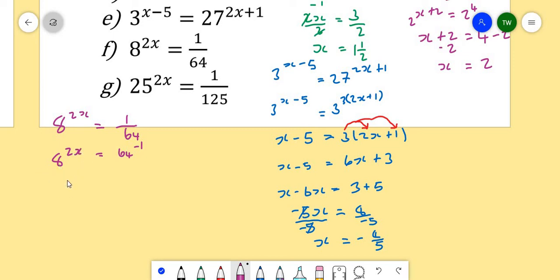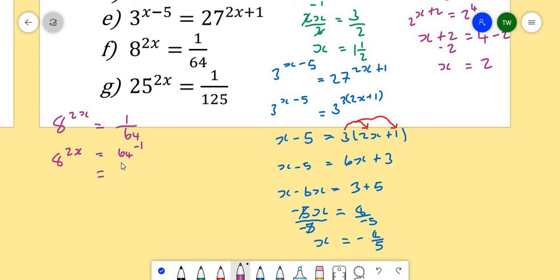Now, because we have 8 raised to the power of 2x, and 8 is the base here, we are going to rewrite 64 to the negative 1 with a base of 8. Now, you would have known your square table, so therefore 8 squared is 64.